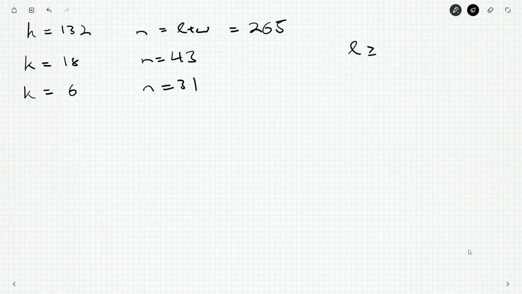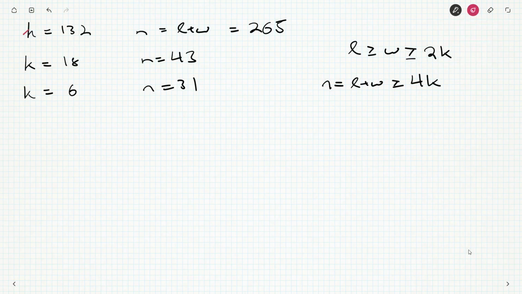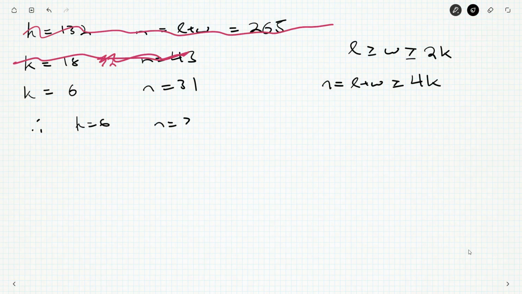Now, we know L is greater than or equal to W, which is greater than or equal to 2K. So N, which is equal to L plus W, is greater than or equal to 4K. Just add 2 copies of 2K. So that tosses this one out the window, because 3K is more than this. 2K is just a little under, it's one less. 4K, so that would be 72, so this one's out. But 4K is 24, so therefore K has got to be equal to 6, N has got to be equal to 31.